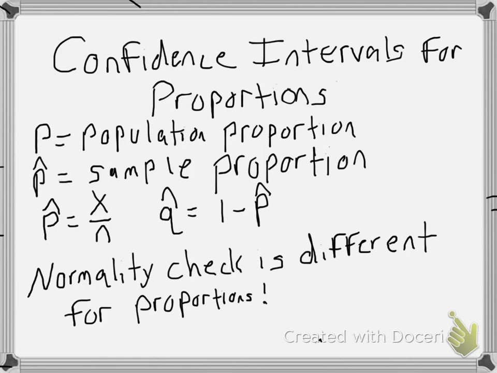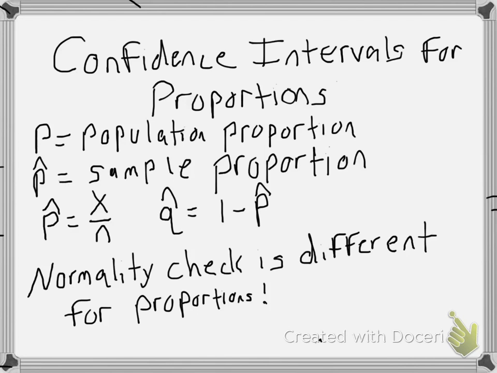P hat is just simply the number of successes divided by n, where n is the number of trials. And Q hat is just simply, as always, 1 minus P hat. Remember the last video I showed you that there are 3 conditions that have to be met. The first condition is random.